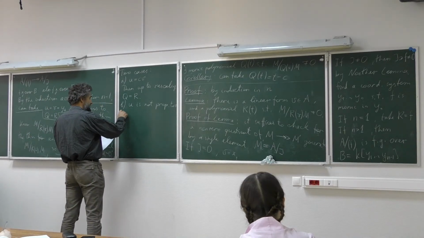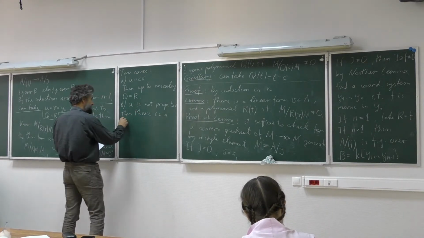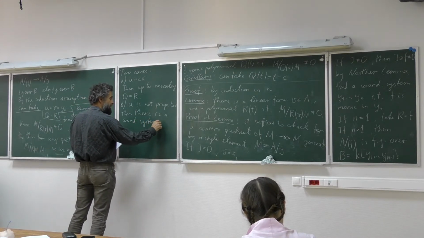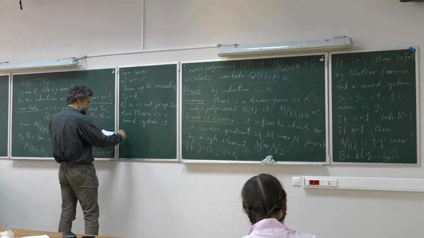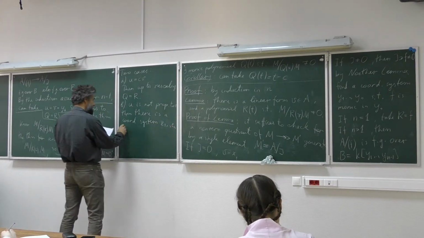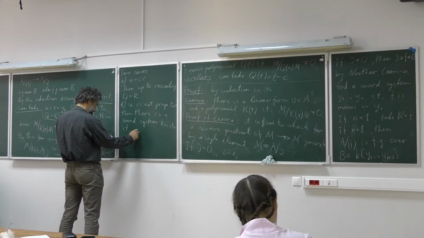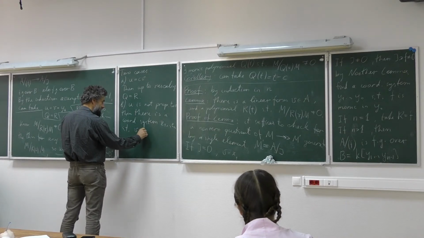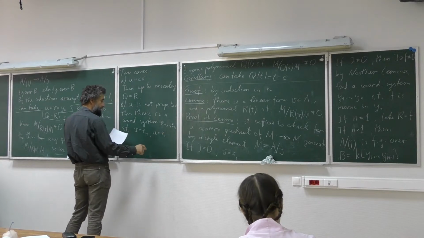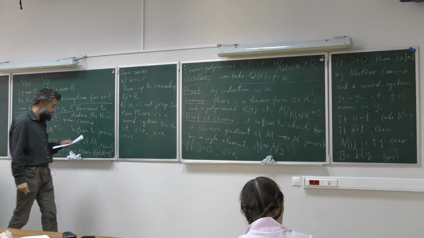So then there is a coordinate system, say z1 and so on, zn, such that, say, v equals zn and u equals z1, and n is bigger than 1 automatically. Okay?